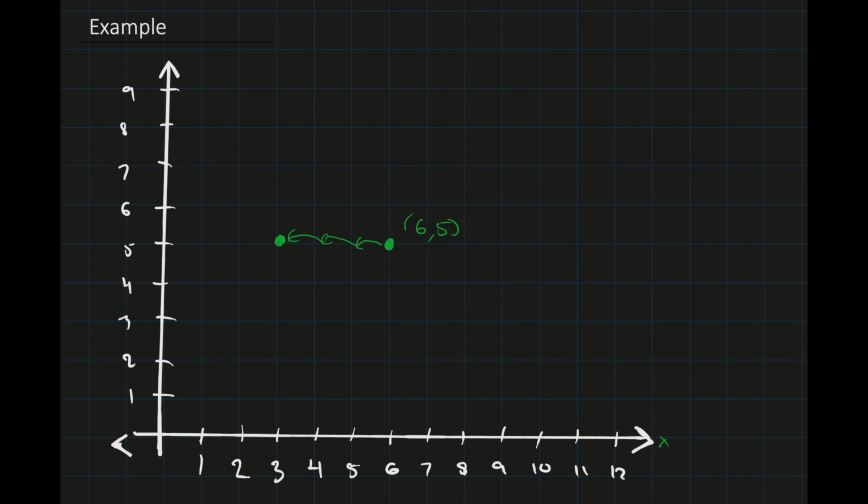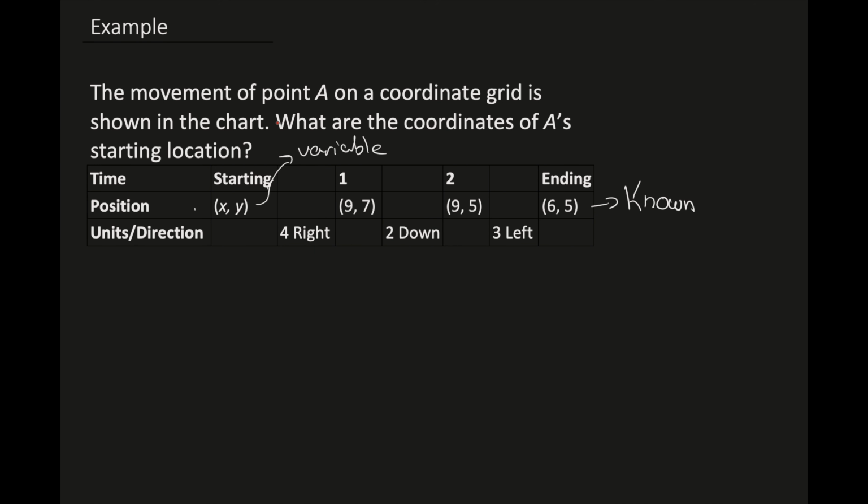Our new coordinates, I'm going to do that with red actually, are 3, 5. So now we're getting somewhere. Remember, we also want to plot our course, so if you get something wrong, we can check. So now we go to 9, 5.